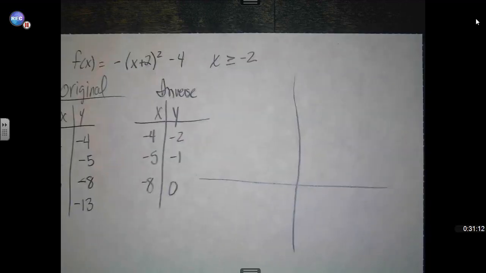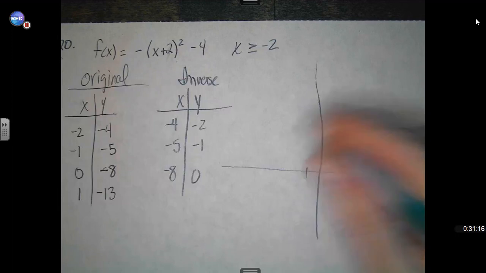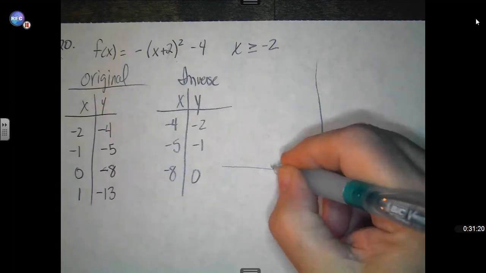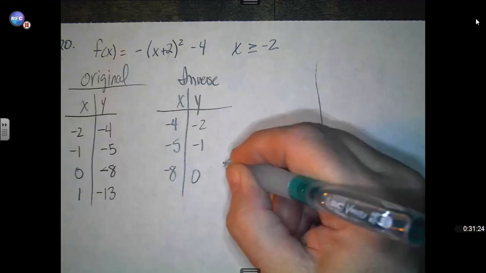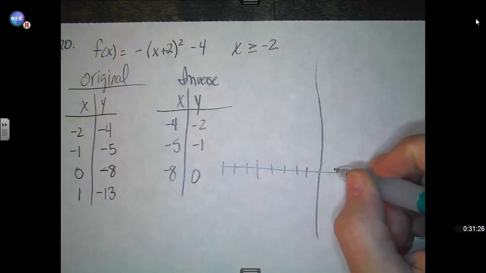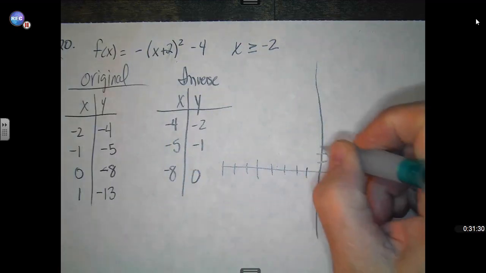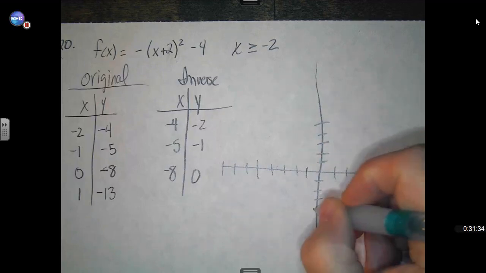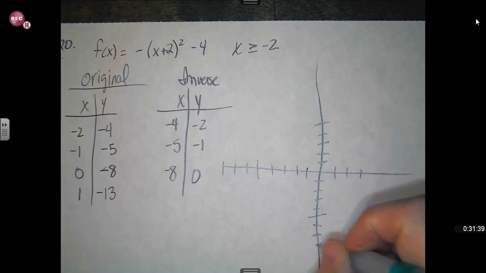Terrible coordinate system, period. 1, 2, 3, 4, 5, 6, 7, 8, I think is what we're going to need. 1, 2, 3, 1, 2, 3, 4, 5, and then 1, 2, 3, 4, 5, 6, 7, 8.